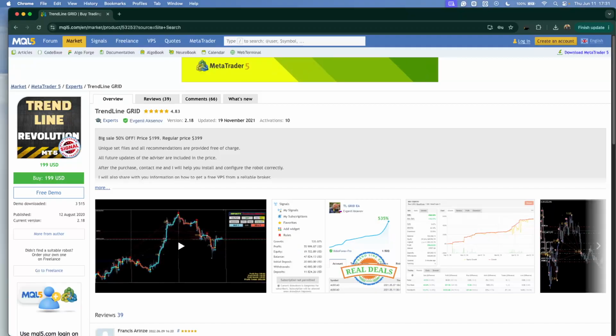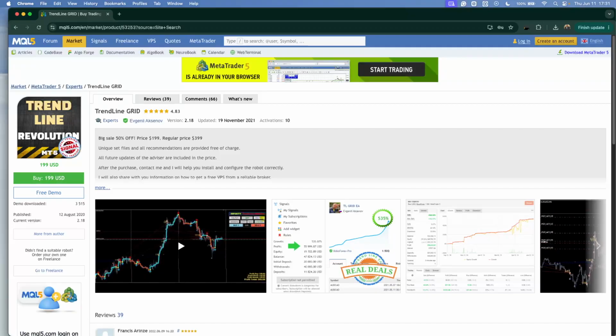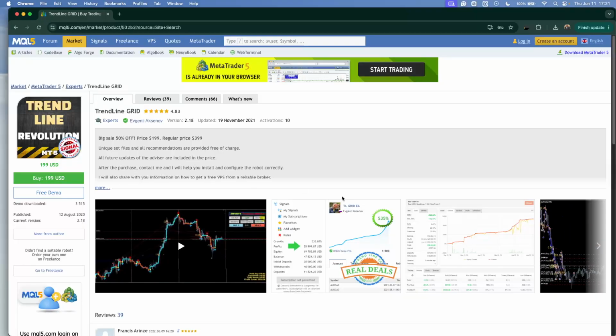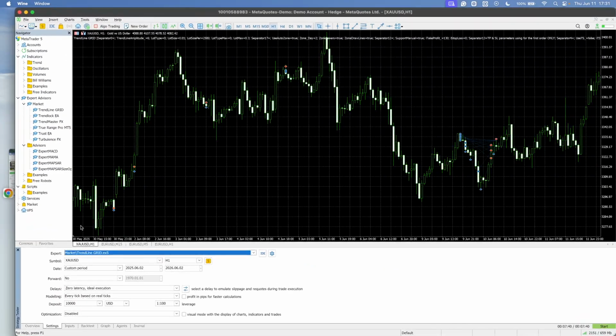And overall, it positions itself as more than a basic grid. It's signal driven with smart recovery. But is it true? Are the numbers real? I tested it on XAUUSD on the 1 hour time frame from June 2025 to June 2026 on a $10,000 account. Modeling is every tick based on real ticks, zero latency, ideal execution.